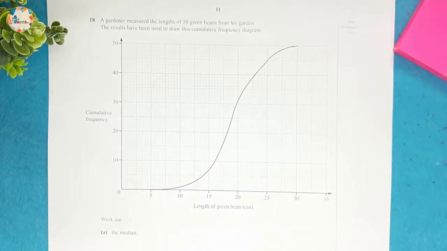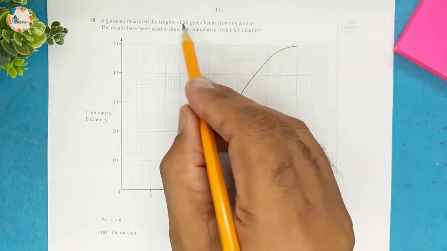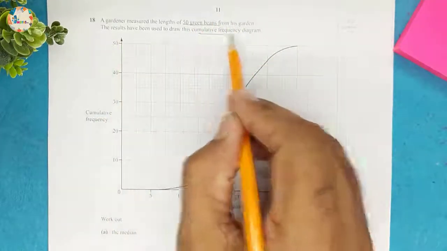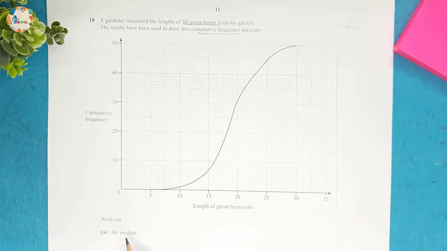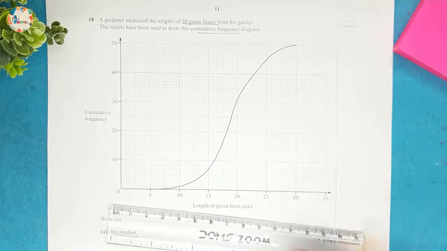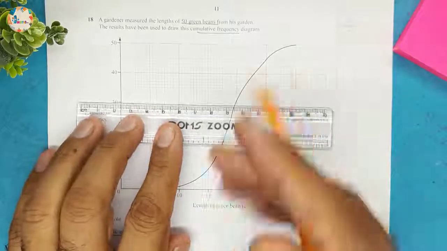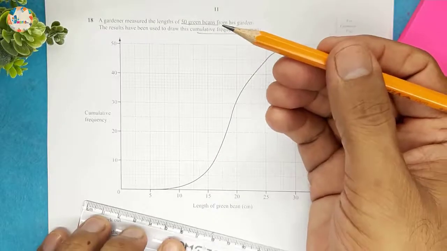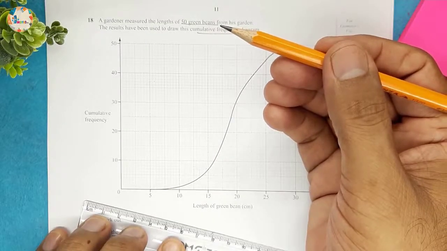They have provided the lengths of 50 green beans and a cumulative frequency diagram is provided. Work out the median. Basically the median will be the middle value which we have to find. Median will be the 50th percentile. So we can check from here.